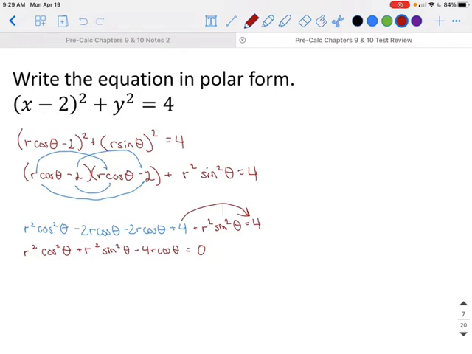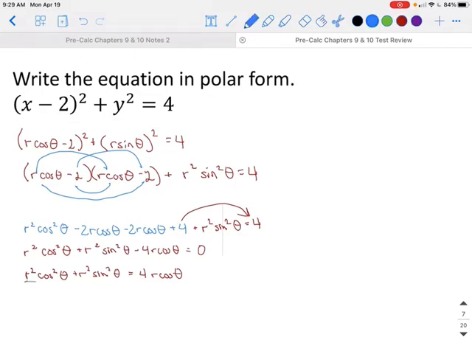Now, to write an equation in polar form, we do want our equation to be r equals something. So I'm going to keep everything that's squared on one side, and I'm going to take everything that is not squared on the other side.